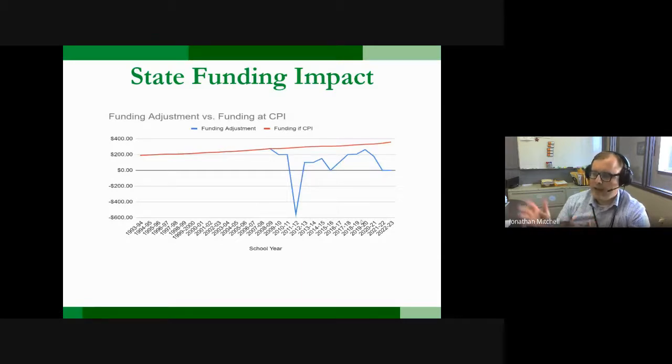Then to add to that, a visual from 2 slides ago. The red represents that inflationary adjusted per student revenue allocation, and then the changes after the 2008 school year in the blue show the changes in per student new revenue allocation.